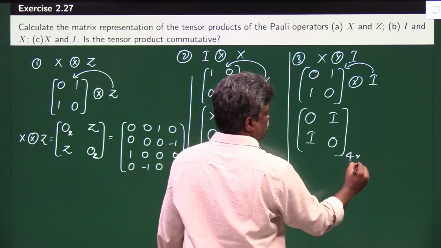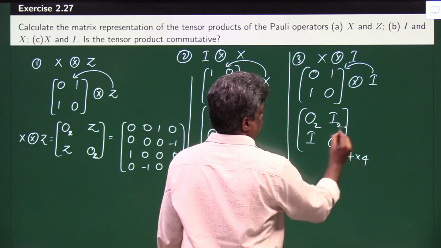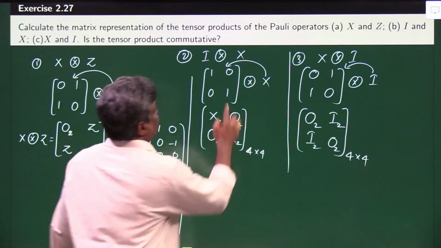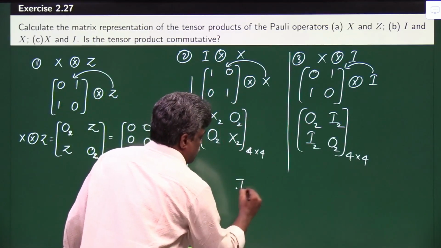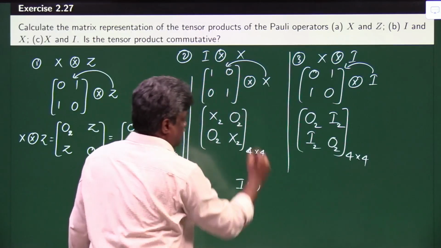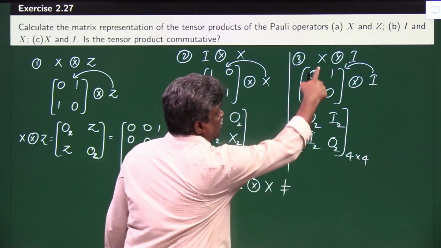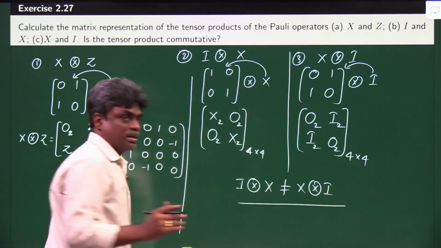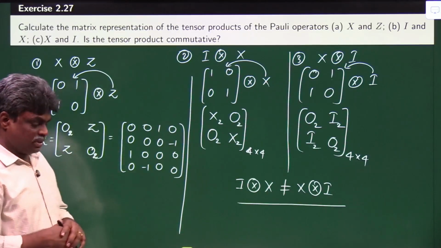Remember, again, this is a 4 by 4 matrix. All these are 2 by 2 matrices. That's it. But remember, this tensor product is not commutative. That means I tensor x is definitely not equal to x tensor I. It's not satisfying any commutative property.